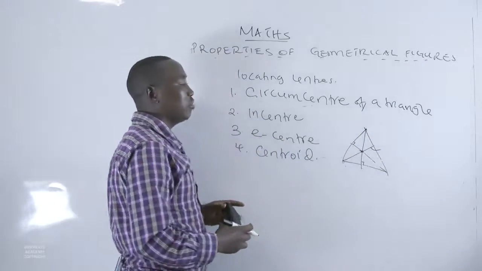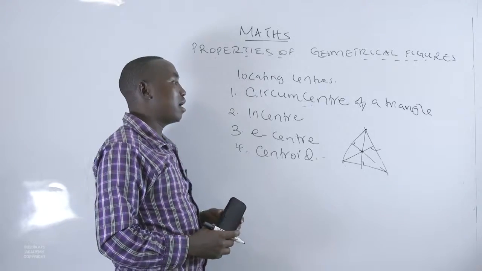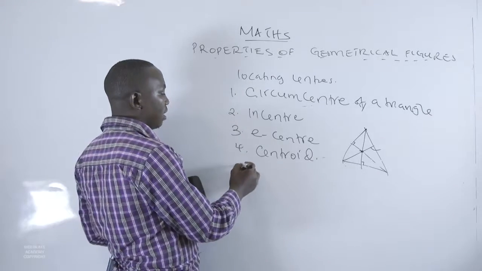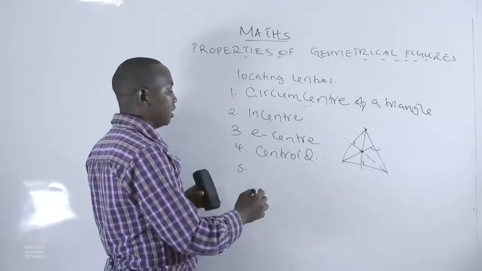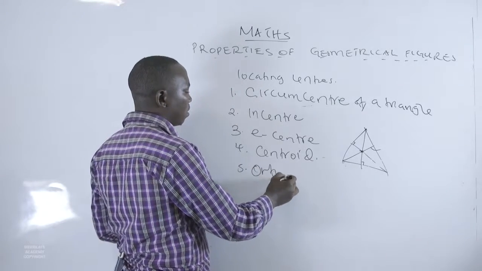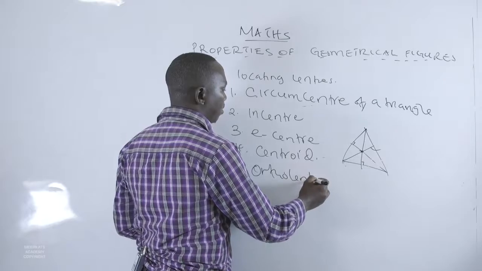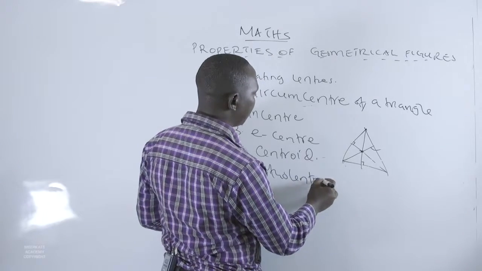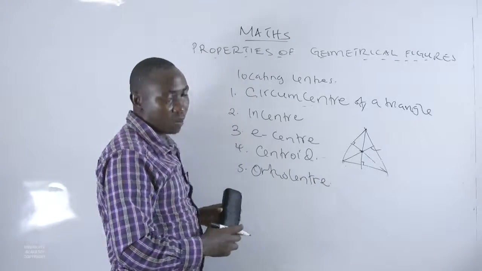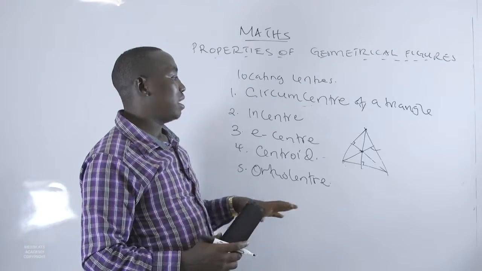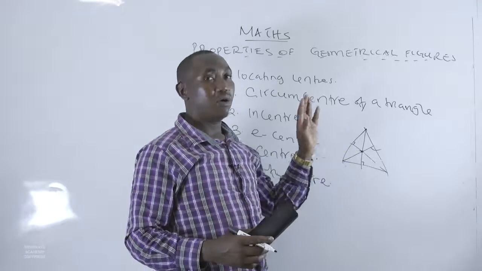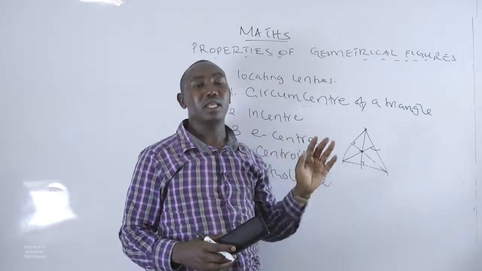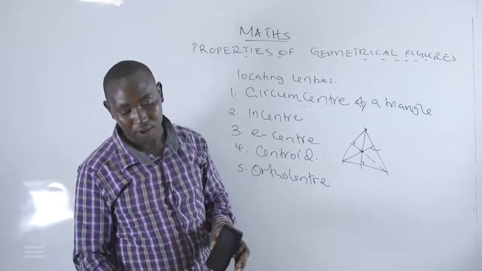Wherever they meet, that will be the centroid of that particular triangle. Then the last one is the orthocenter, which again can be constructed by bisecting all the angles in that particular triangle.